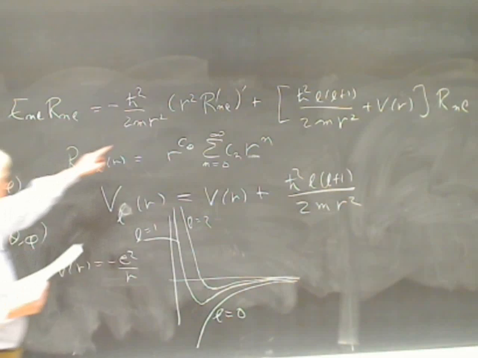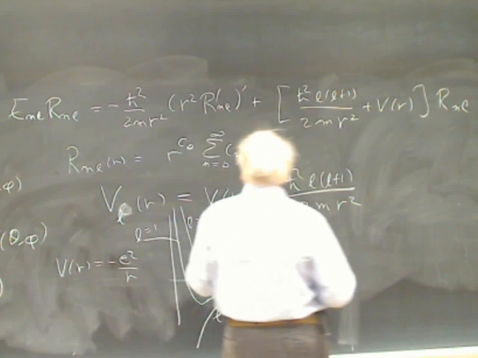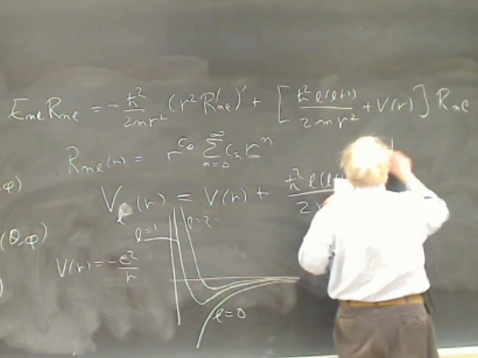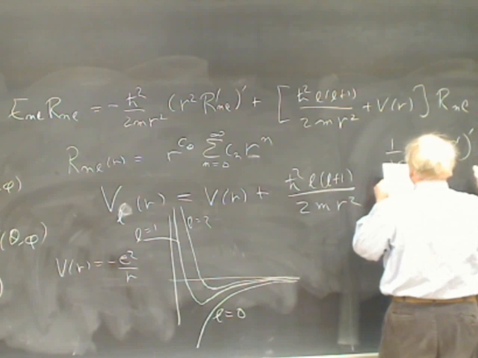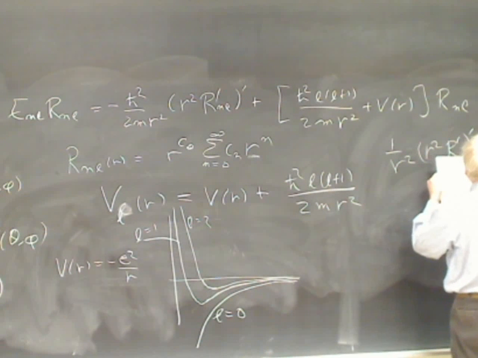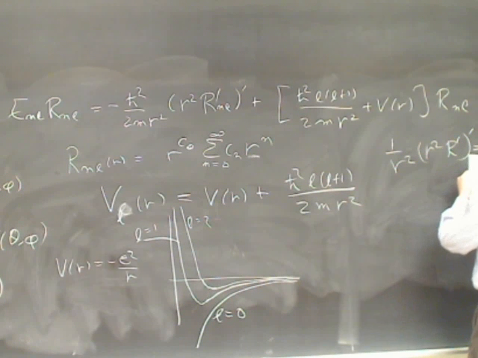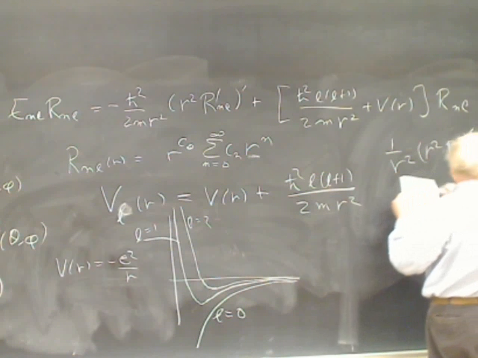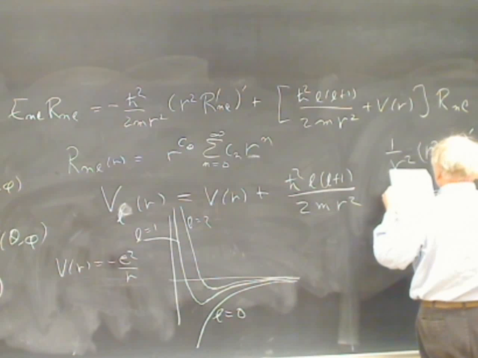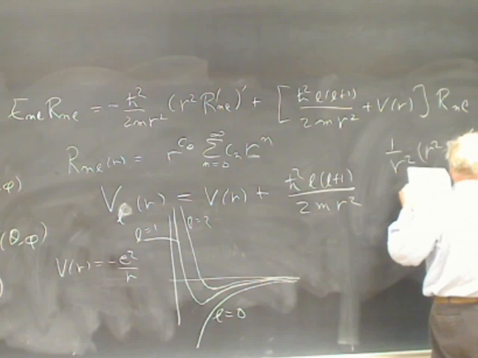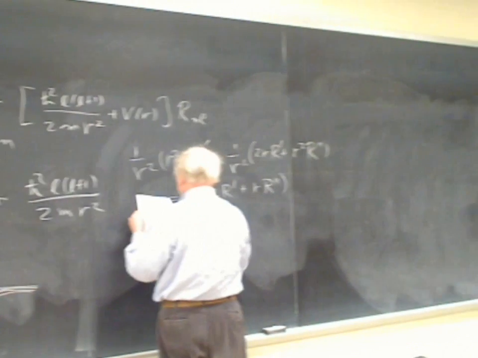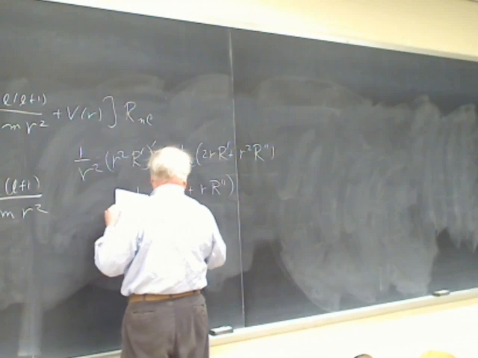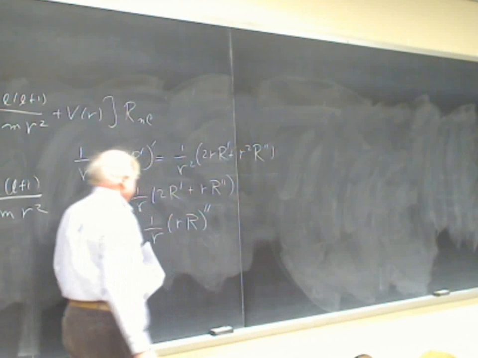Now, this equation up here simplifies somewhat because 1 over r squared, d by dr of r squared R prime, you can multiply that out and get 1 over r squared, 2r R prime plus r squared R double prime. And that's the same thing as 1 over r, 2R prime plus r R double prime, which is the same thing as 1 over r, (rR) double prime.